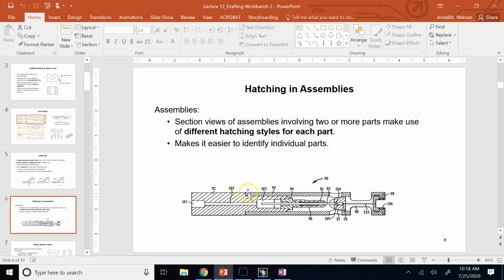One of them is positive slope, the other is negative. Okay, so never two touching parts in assembly will have the same slope, because that might be confusing. But when you go from positive slope to negative slope, you know that you move from one part to the other. So that's another important rule when you cut the entire assembly with something.